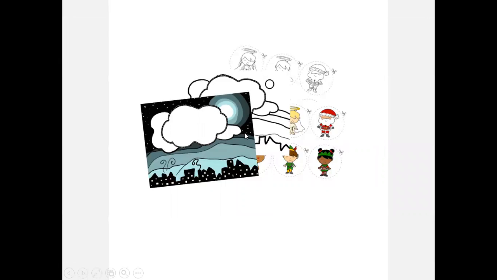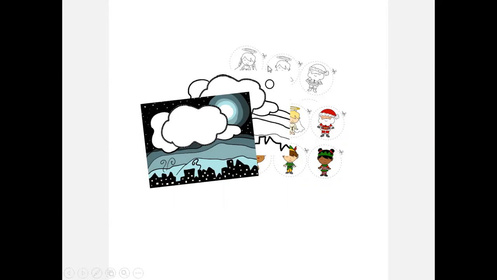Okay, here it is. So here is the nightscape, and it's a full page, and you can do this too, right? Or you can do the little tissue tube, of course, with a little Lego man or something. But here they have little lines to cut out this cloud. So they're in the middle of the clouds: through the cloud, around the clouds, in the clouds, away from the clouds. And they have their choice of 6 characters.